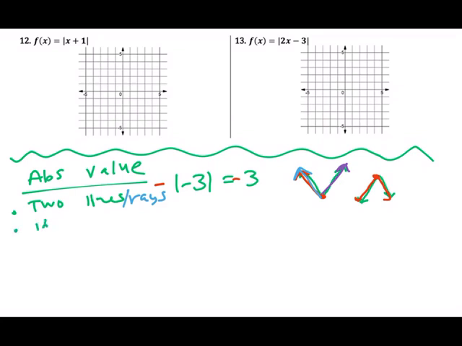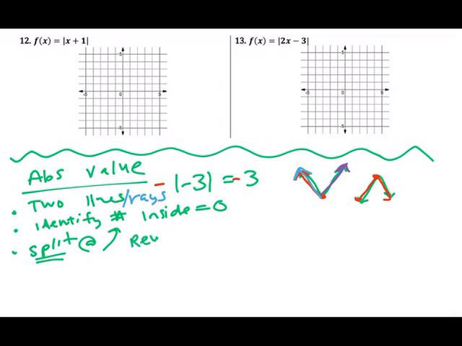You need to identify what makes the inside 0, what makes the inside of the absolute value equal 0? The reason is you are going to split at that number. That way you can rewrite your function. So what do I mean by that?